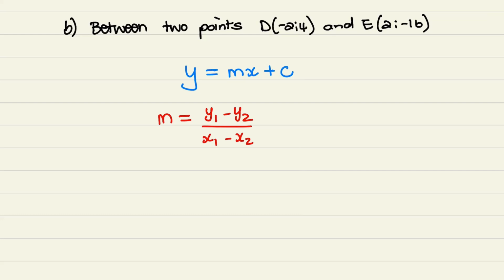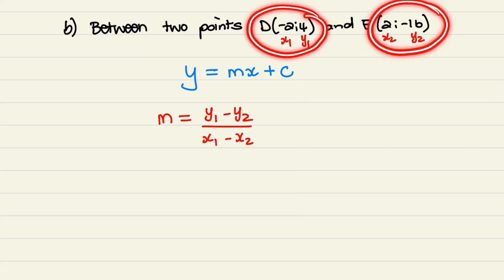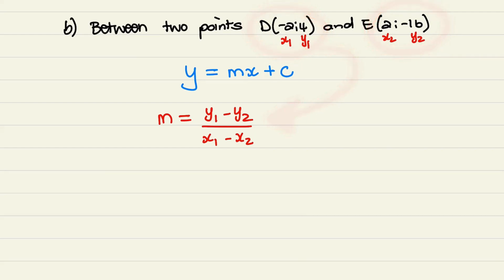All that you need to do is choose your y1 and x1 value and your y2 and x2 value and substitute those values correctly into the gradient formula. So for y1, I have 4 minus 16, which is y2, over x1, which is negative 2, minus 2.